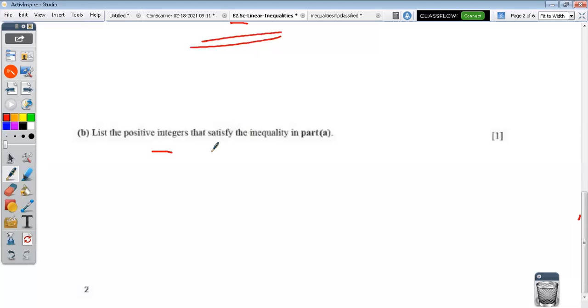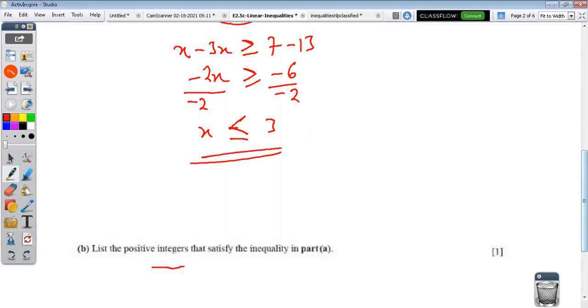List the positive integers that satisfy the inequality. So x is less than or equal to what? To 3, so 3, 2, 1, going like that. We're taking positive integers, so we can't go to 0.